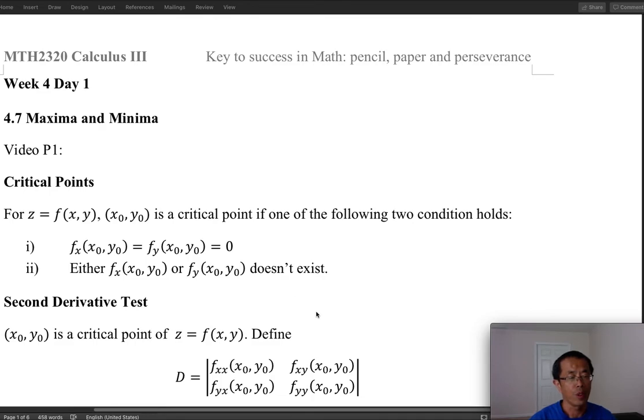This time we are moving to section 4.7 about the maxima and the minima of functions of multiple variables. Indeed, we are only working on functions of two variables. If you remember, chapter 4 is about functions of two variables and three variables.